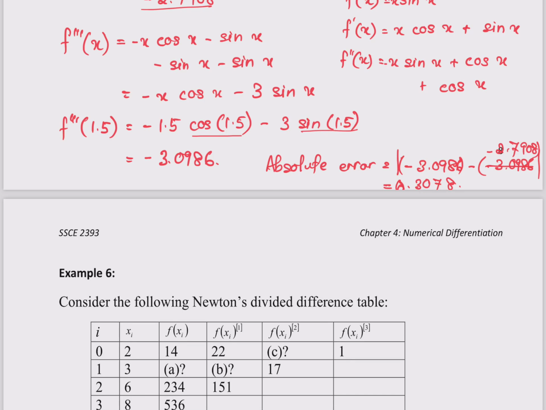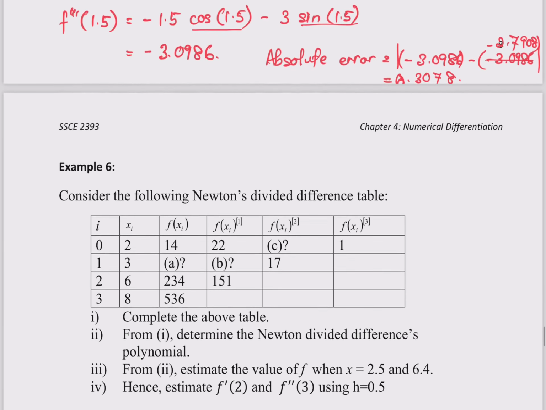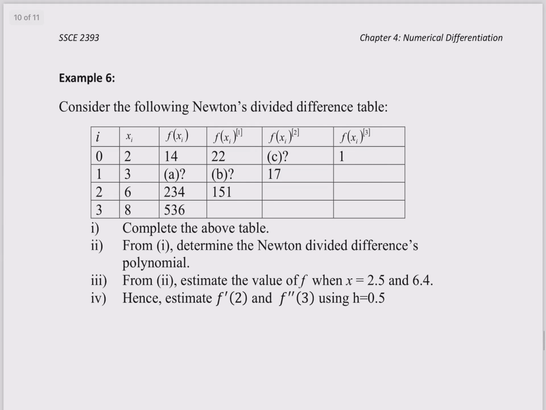to apply the formula. And then we go to the next example, and I think this is a good example in this chapter because it's a combination between chapter 3, where you learn about interpolation, where you have Newton divided difference, and then we also ask you to estimate what is the value of your function at point 2.5 and 6.4.